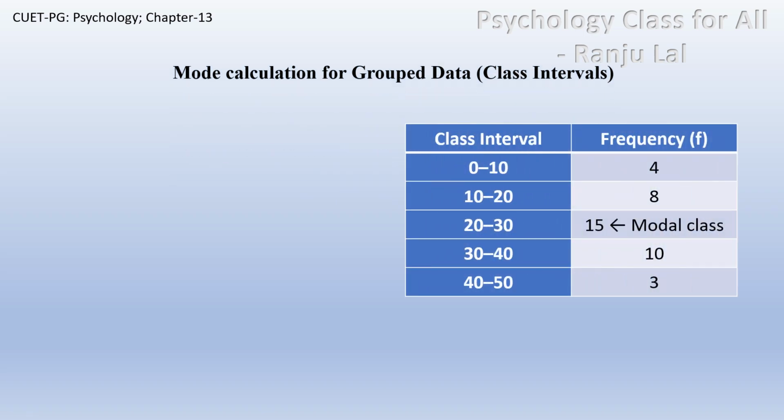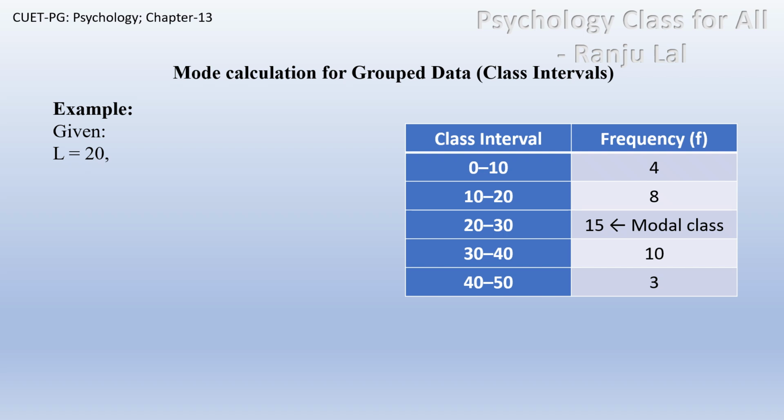This is an example of class intervals and frequencies. Given here, L is equal to 20 because the highest frequency class interval is 20 to 30. So the lower boundary of the class interval 20 to 30 will be taken as L, that is 20.